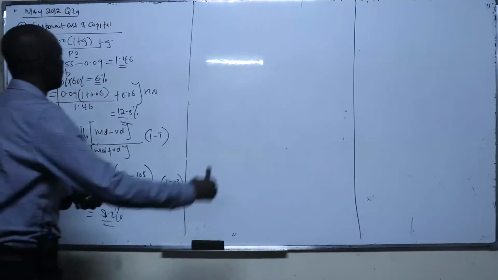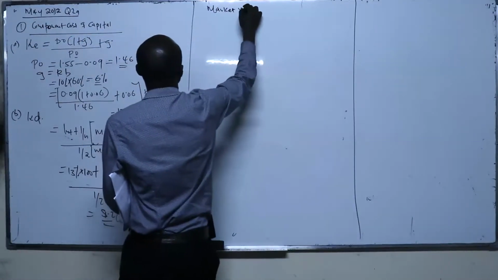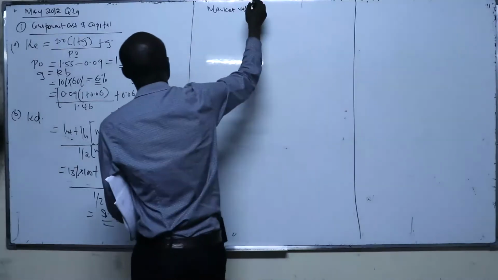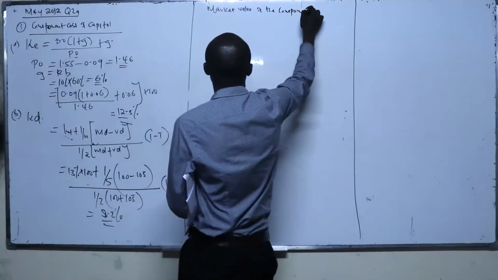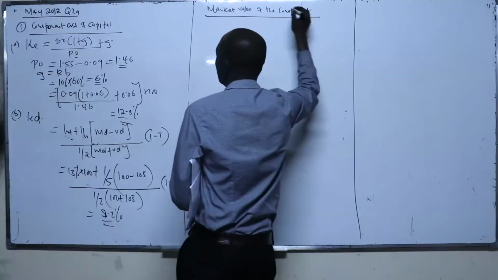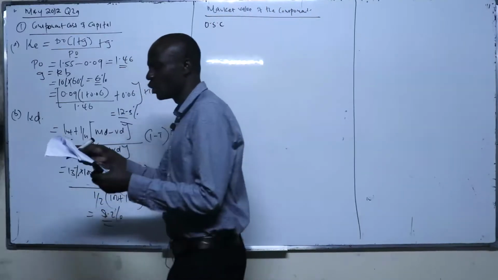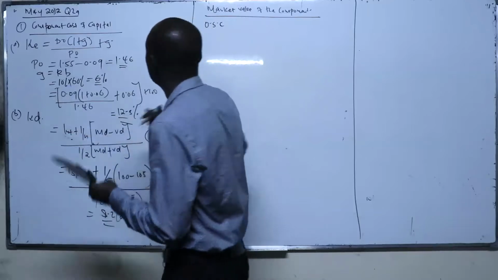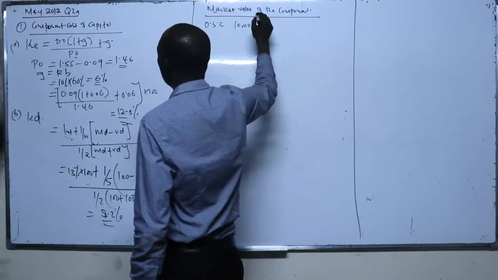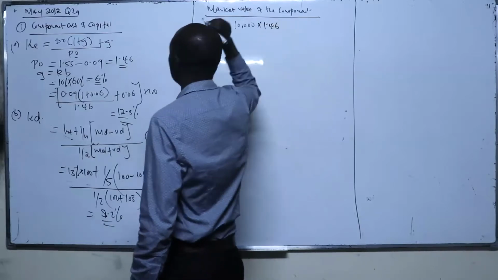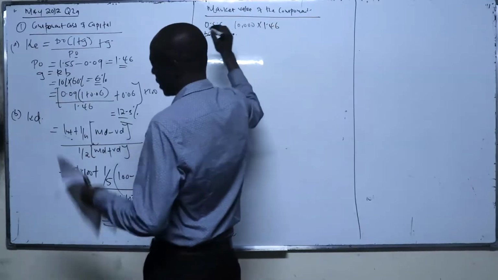And then we come here and get the market value of the components. So we have the ordinary share capital. The company is planning to issue how many shares? 10 million, and then you multiply by 1.46. Is it so? And then here we have debentures.